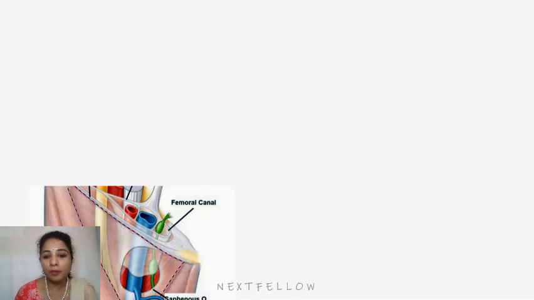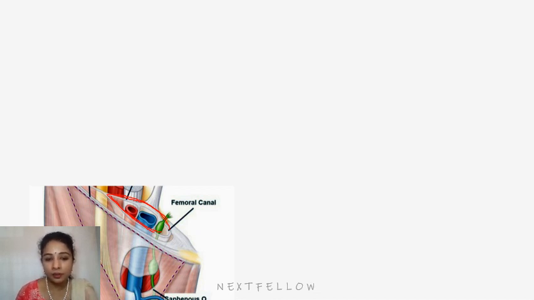So let's talk about the femoral sheath and canal because clinically they are quite important. The femoral sheath, this white colored one, is an extension of extraperitoneal fascia. The anterior layer of the femoral sheath is derived from fascia transversalis and the posterior layer of the sheath is derived from the fascia iliaca.